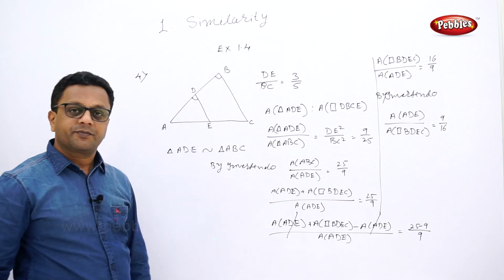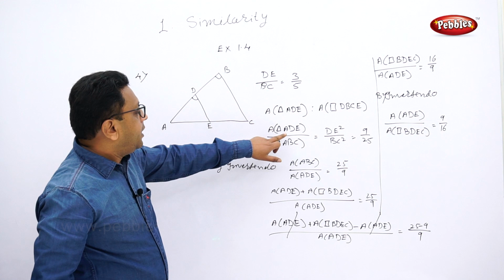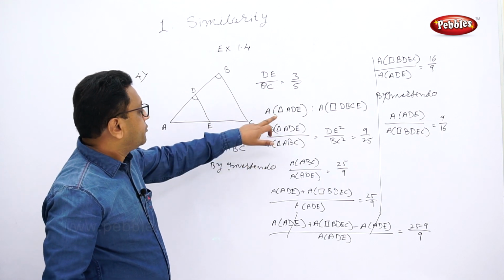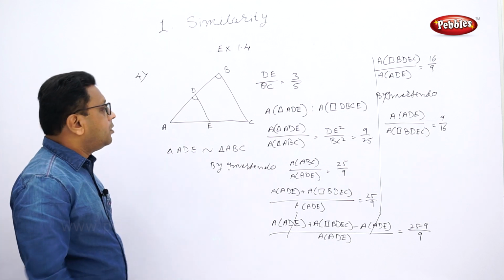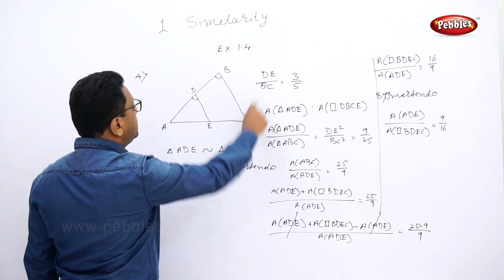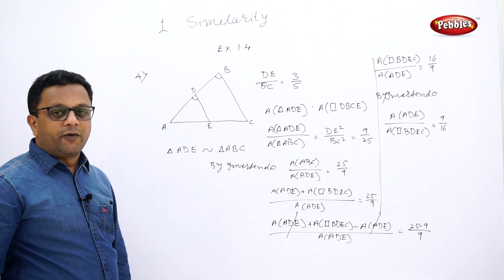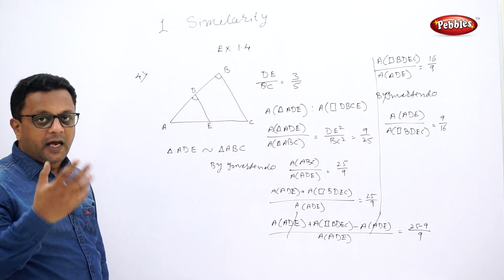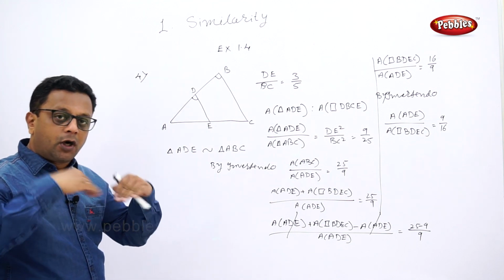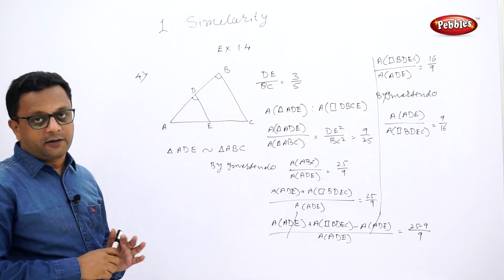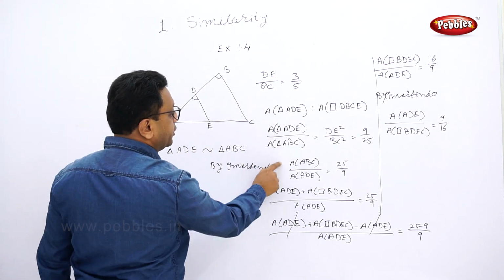Okay. So the first step I wrote here, ADE upon ABC. Now we know that ABC has got one triangle and one quadrilateral, and whenever we have to use that, it is always better that the longer expressions should be the numerators, and hence I did this invertendo.